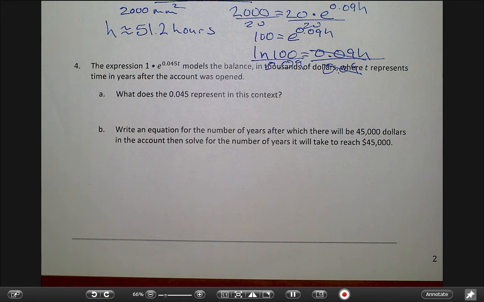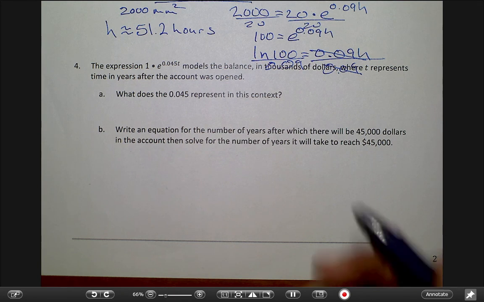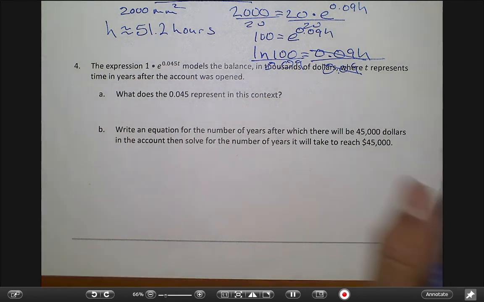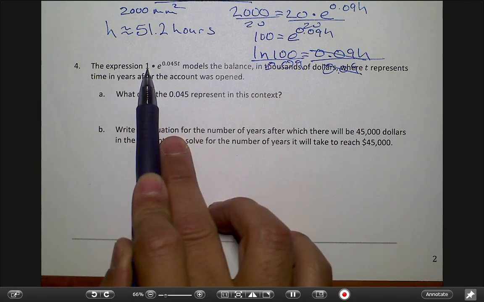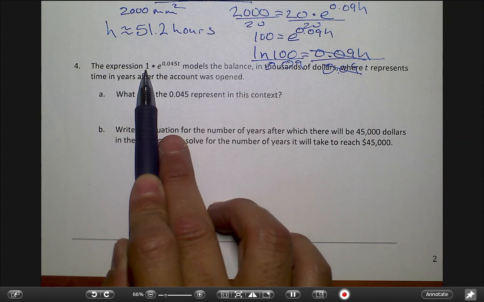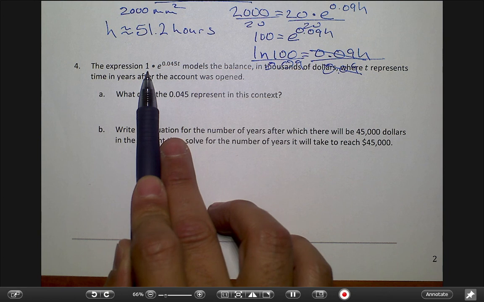Now, I need to rewrite this first using my formula. So, what does this one right here represent? Initial value, right? Yes, it is 1,000, right? But it's the initial value. And what variable do we use for the initial value? Very good.